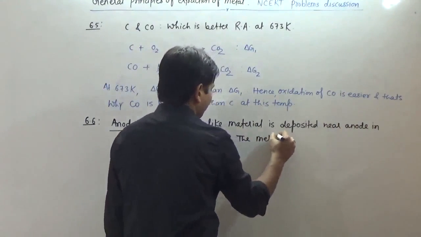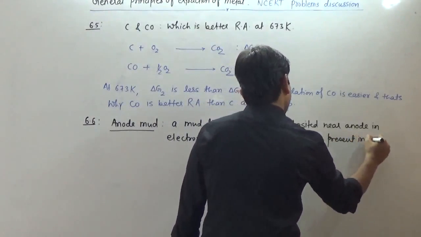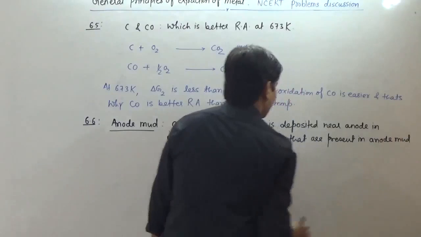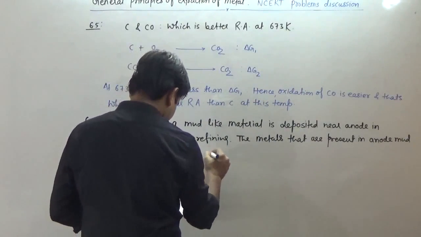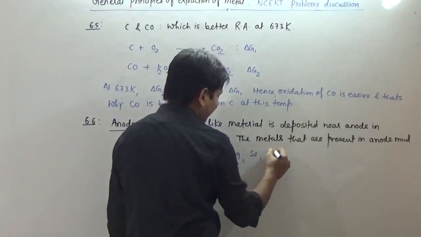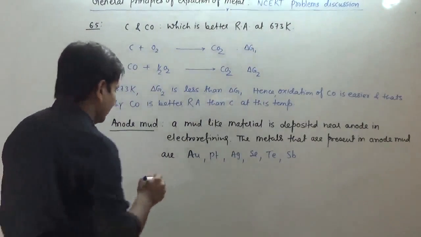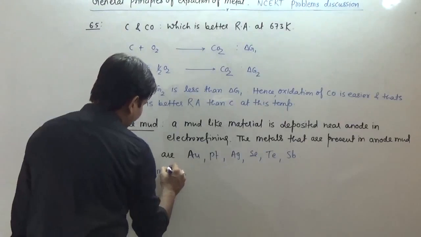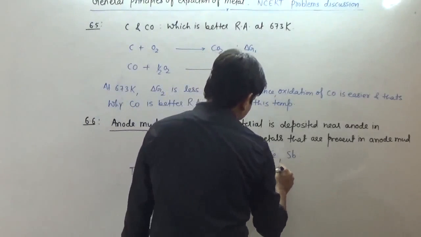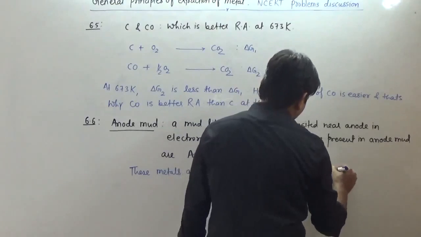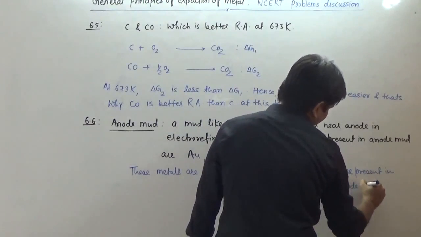The metals or elements present in anode mud, which we have been asked about, are gold, platinum, silver, selenium, tellurium, antimony, etc. These metals are present in anode mud because they are very less reactive, and hence they are present in the anode mud.